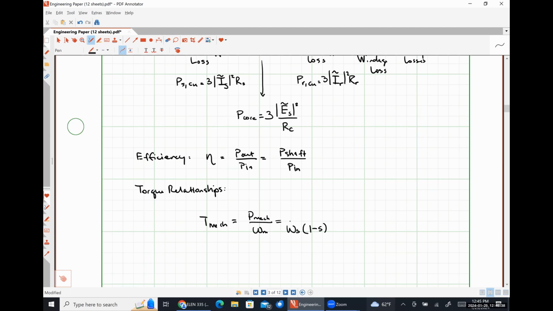Earlier today, we learned that our mechanical power can be expressed as our total rotor power times 1 minus the slip. And so that 1 minus slip over 1 minus slip cancels out. And our mechanical torque is then just our total power delivered to the rotor divided by the angular frequency at which our stator field is turning.